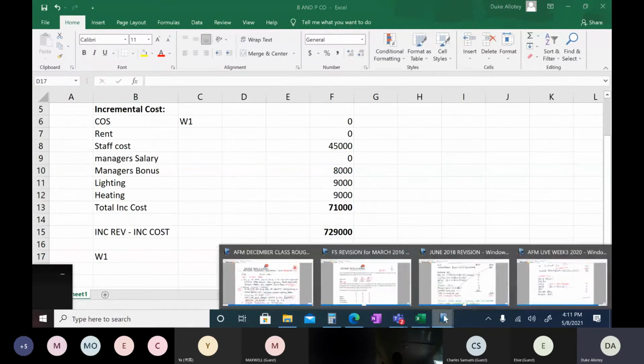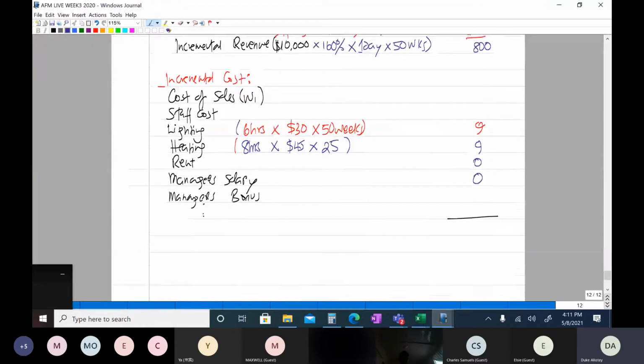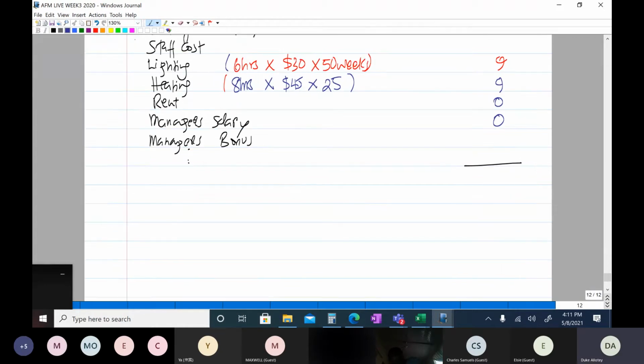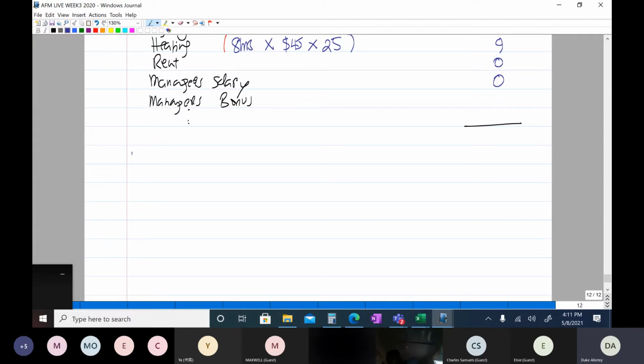Now let me go and explain to you the fundamentals of that working. I want to see whether the cost of sales will attract some discount. Okay, so let's see. And I want you to pay attention to what I'm doing here. I'm doing this working on the cost of sales as working 1.